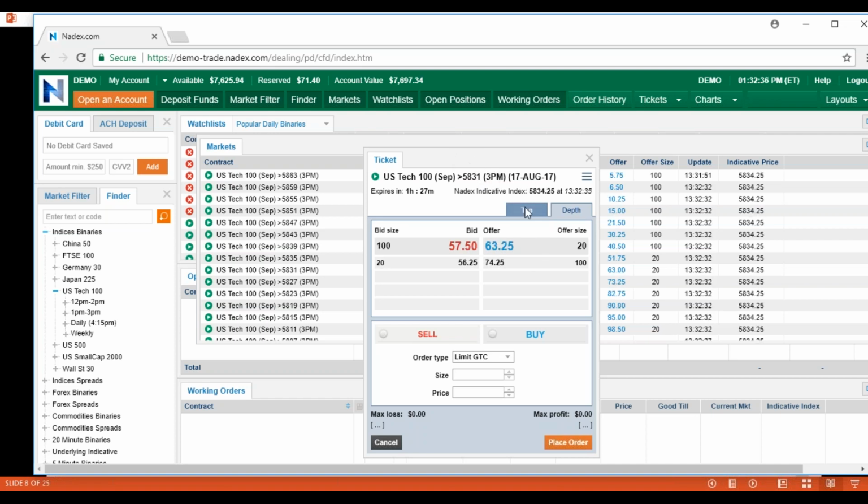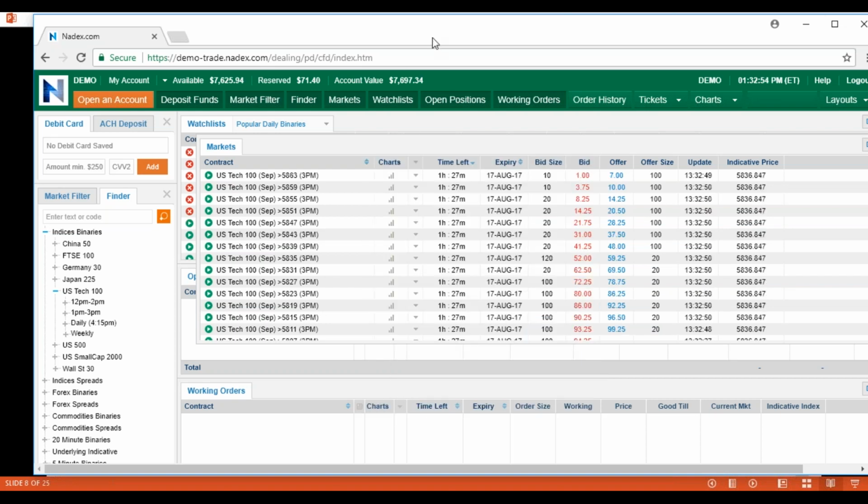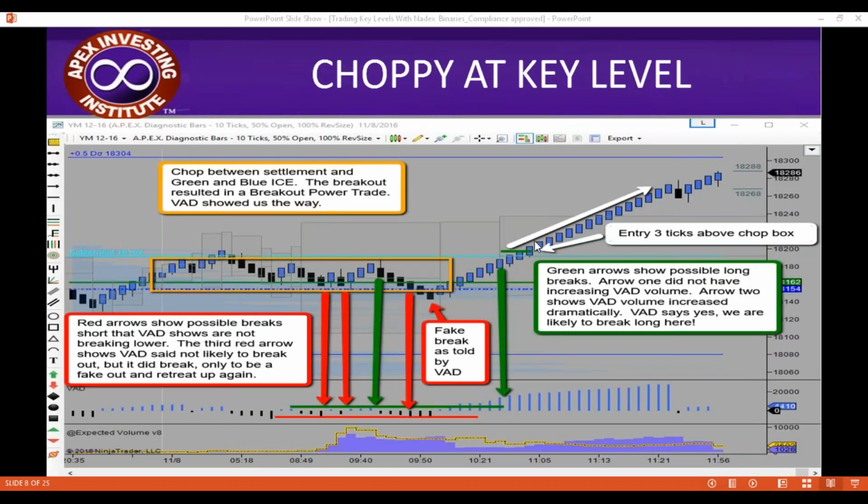And it was pulling back right at the top of the hour, and it pulled back to 58.30. And at expiration, I lost on this binary because of 1 point, because of 1 tick, because of this little pullback right at expiration. Okay?